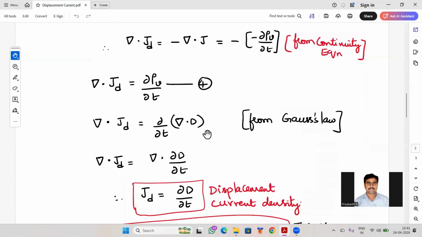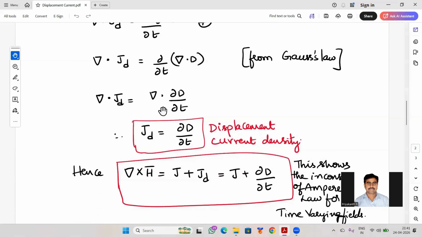From Gauss law, del dot D is rho v. Therefore, in place of rho v, we replace with del dot D. Properly arranging, del dot JD can be written as del dot of dou D by dou t.